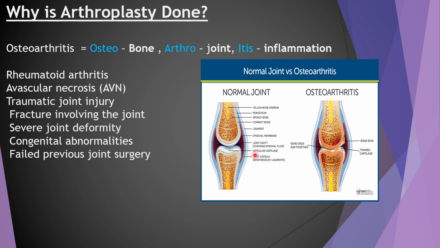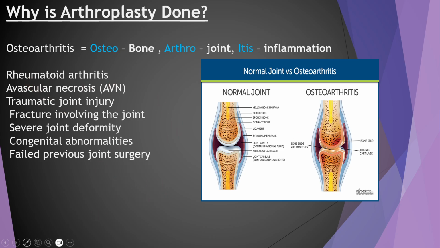So if the articular cartilage gets thin and the bone ends rub together, the patient will feel pain. There is inflammation in that knee. So for that reason, the patient will come to the hospital for the arthroplasty surgical procedure.